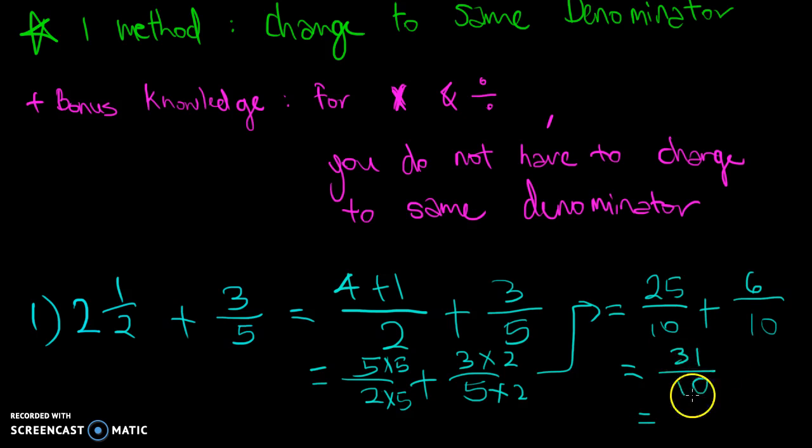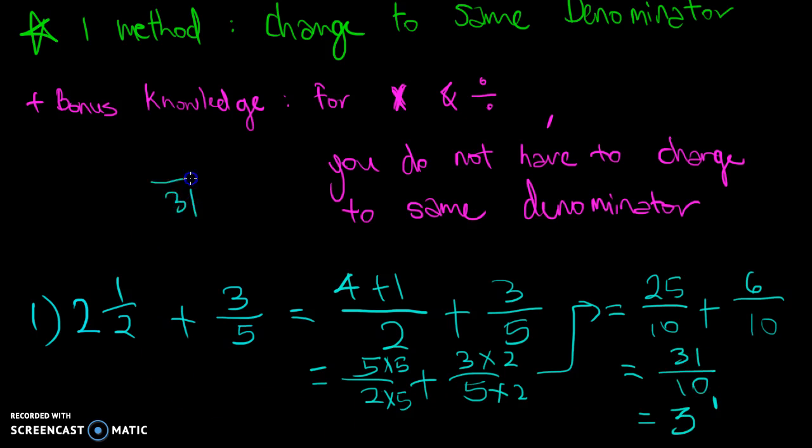Try to simplify and make it a mixed number in the final answer. If it can be a mixed number, let it be a mixed number. If you can simplify, please simplify. From here, you can see that 10 parts give me 1 whole. Since I have 31, I can have 3 wholes and remaining 1. How do I get 3 wholes? It's 31 divided by 10.